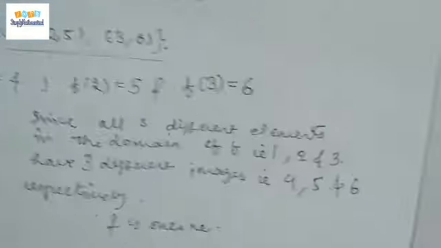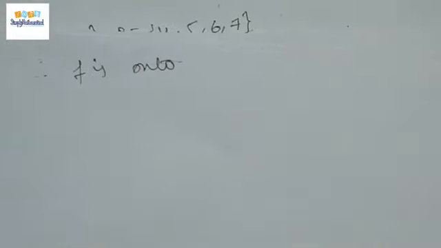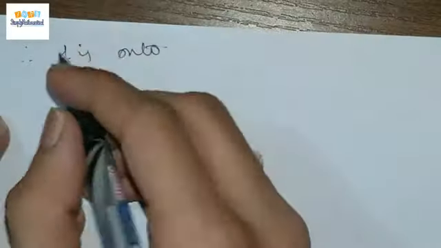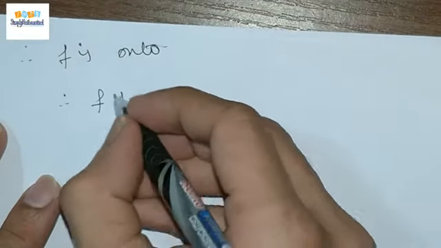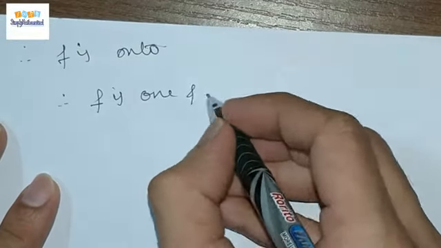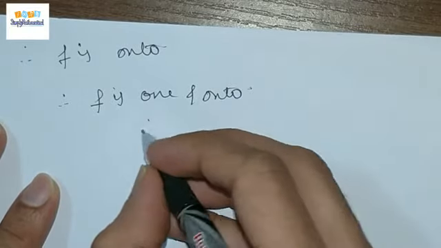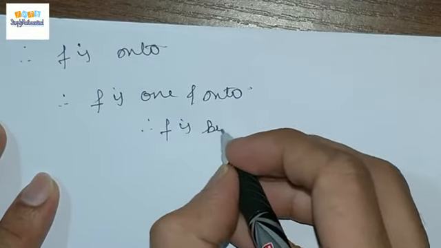Therefore f is onto. So in the first case, f is one-one and onto. Therefore f is bijective.